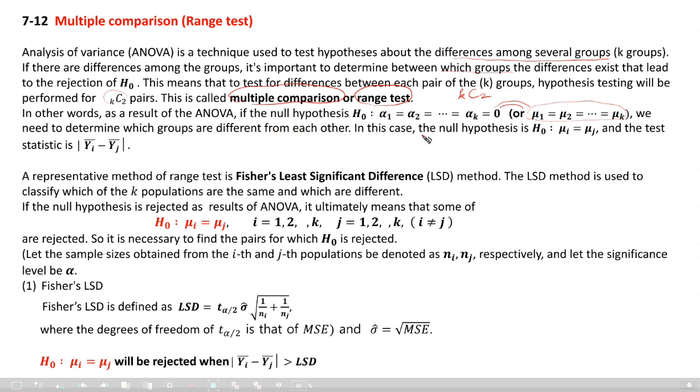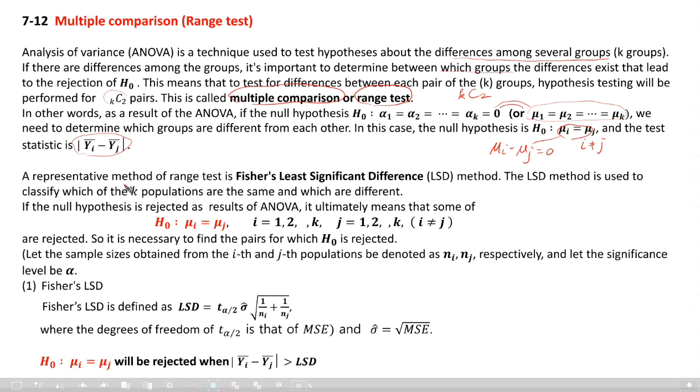In this case, the null hypothesis is H0: mu i equal to mu j, of course with i not equal to j. And the test statistic is going to be what? Yi bar minus yj bar, right? You understand that? Why? Because this hypothesis is mu i minus mu j equal to 0.